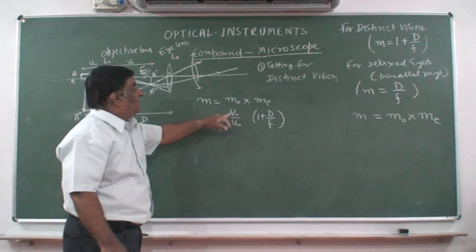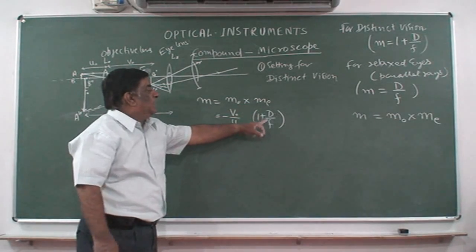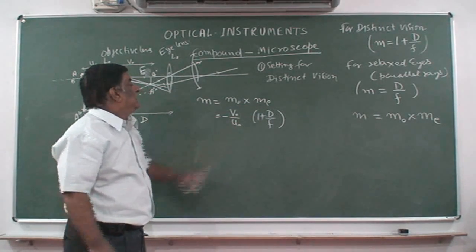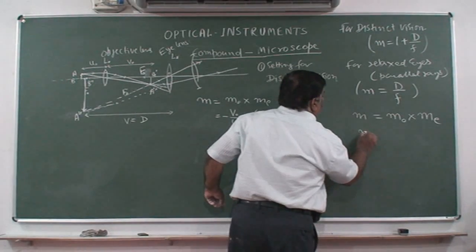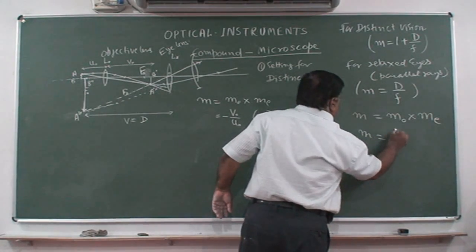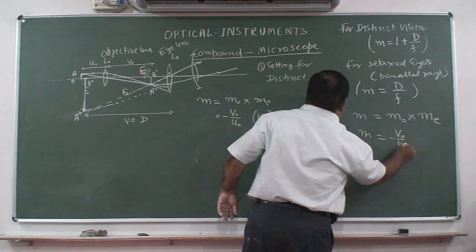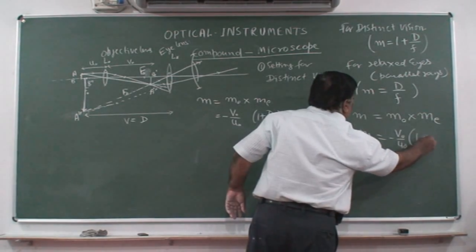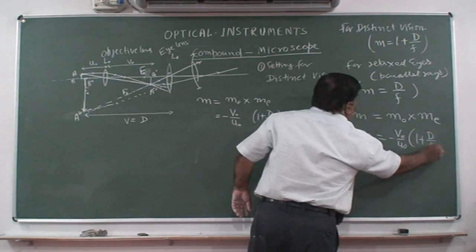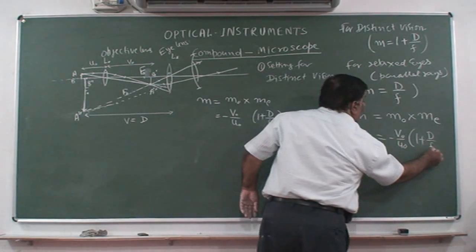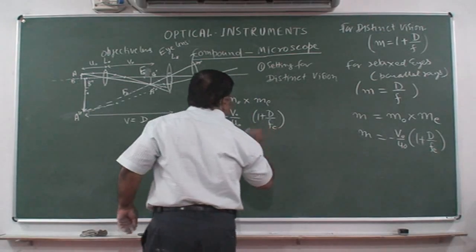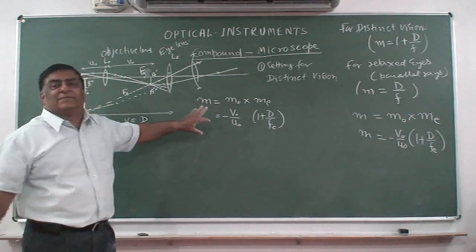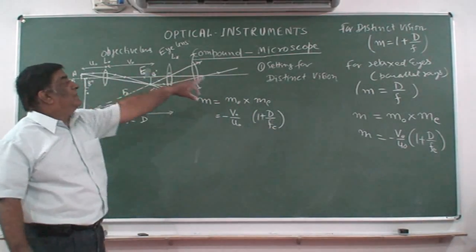So this is minus V upon U and this is 1 plus D upon F. This is the total magnification formula for compound microscope. M is equal to minus V naught upon U naught and 1 plus D upon F. Whose focal length? Eyepiece. So this is E. This is okay. So this is magnification of this.